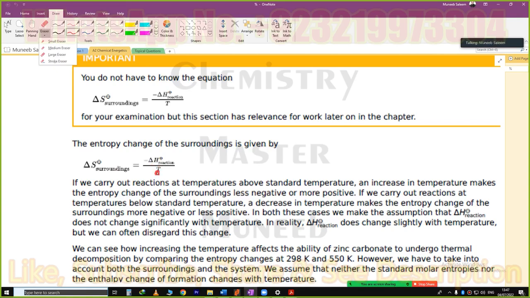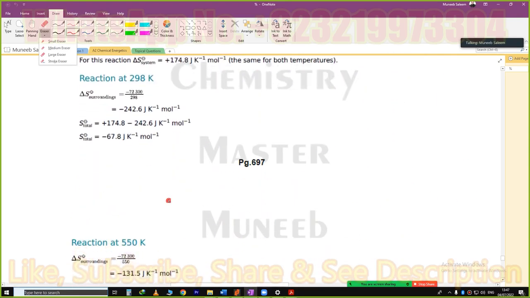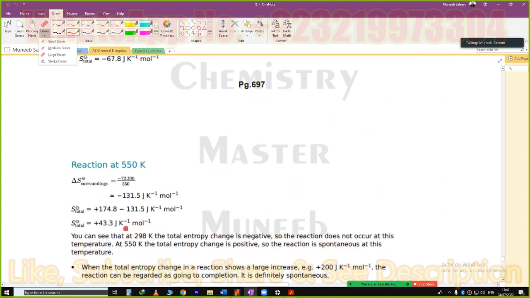If you increase the value of T, this will give you a lower magnitude of the overall equation. So at higher temperature the negative value is smaller, which means a greater value.